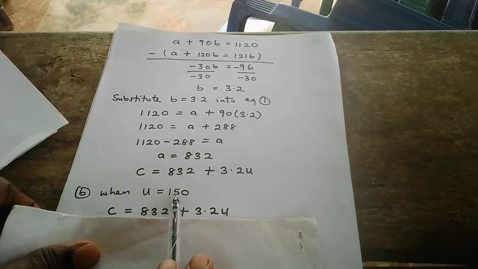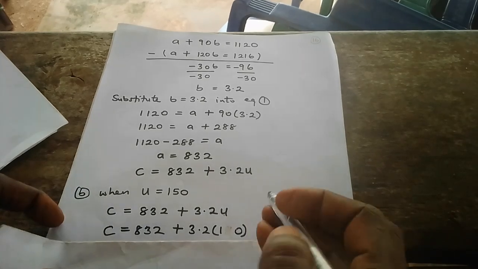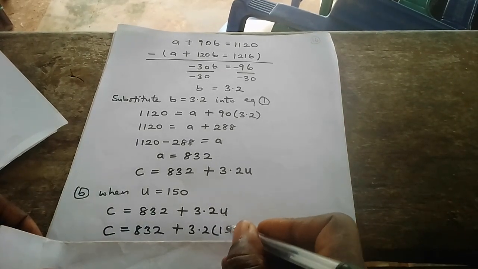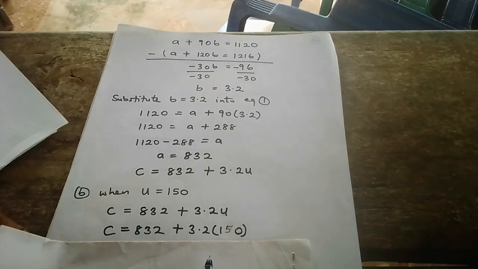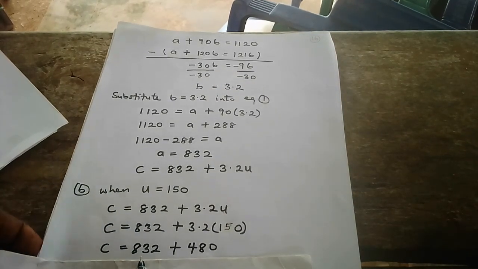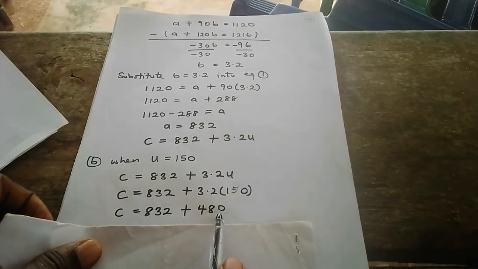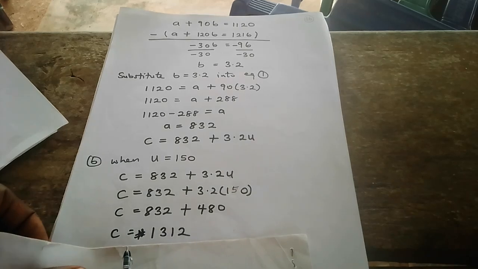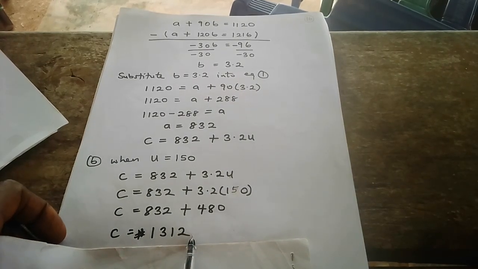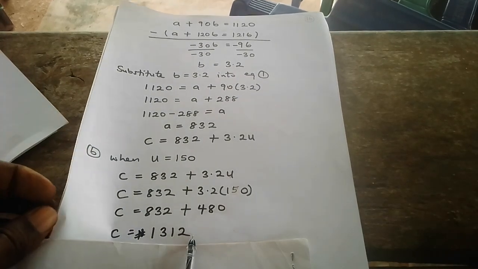You will now fix 150 for U. So that means you have C is equal to 832 plus 3.2 times 150, which is 480. So when you add these two, you are having 1,312 naira to be the cost of 150 units of telephone call.